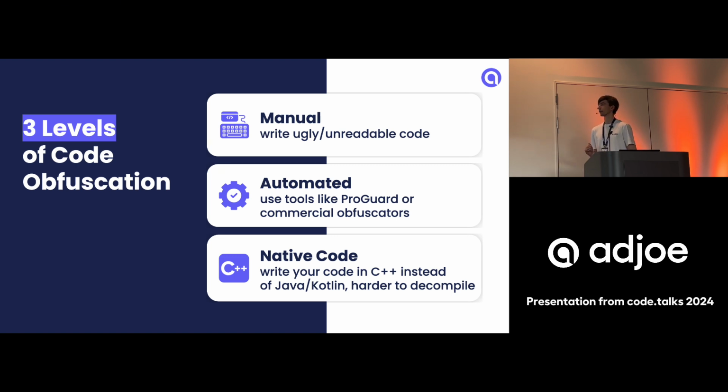Luckily for us, there were people that felt the same pain as we do with manual obfuscation, and even more luckily so, there were software developers. And one thing that software developers like to do is automating things. So what you get when you take manual obfuscation and you automate it is what I'm calling automatic obfuscation. Basically, you have a program that runs over your code and applies something.